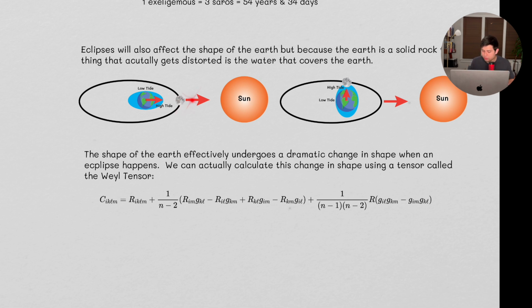And that pulling manifests itself as an attempted stretching of the Earth, and the only thing that can really stretch that's malleable is the water on the Earth, on the oceans. And so what you get is a tidal effect, right? The tidal effect is the effect of the effective shape of the Earth, including all the water in the oceans.